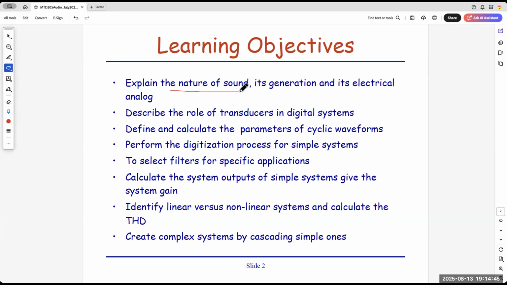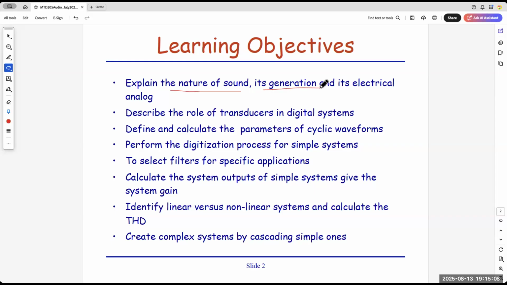How does sound come about from a human? How do I talk and produce sound and transmit it to you through the internet? But before I transmit it to the internet, how does sound come from my body, from my throat? So what is the nature of sound, and how is it generated from my throat?